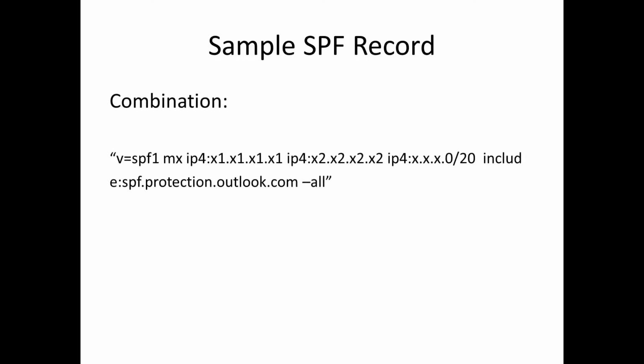And lastly, we can combine all of those parameters to allow a list of records like what is shown on this example. So you are saying that allow all the machines listed under MX record of the DNS server, these IP addresses, this one and this one, and also this range of IP addresses, and also include whatever machines listed under spf.protection.outlook.com.